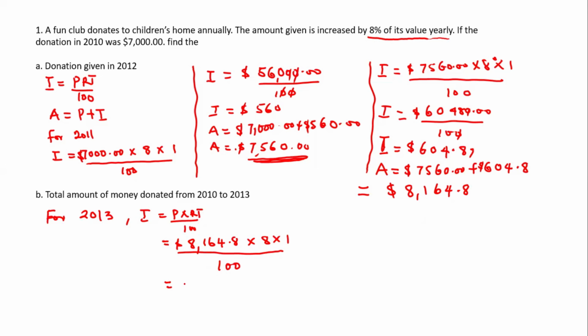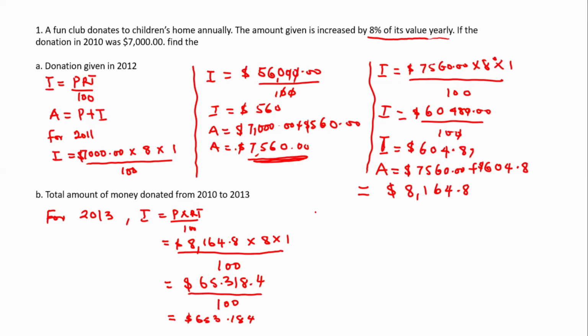Therefore, if you multiply that, it gives you $65,318.4 divided by 100, and that simply gives us $653.184.